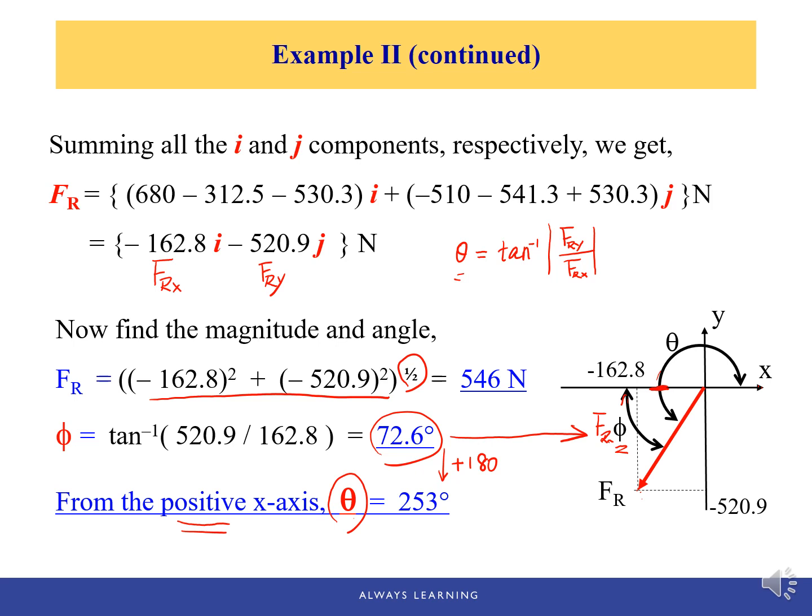Again, theta angle has a specific meaning. It is the angle between the head of the vector and the positive x-axis. So, to be safe, do a sketch to figure out where theta is and do your calculation accordingly.